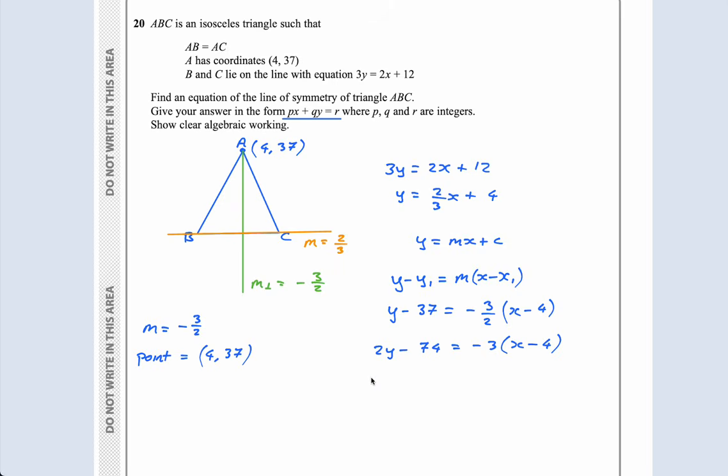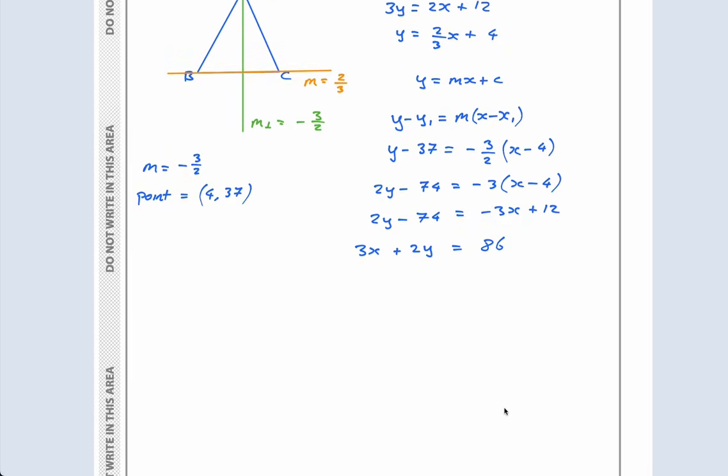I'm going to multiply out the bracket. 2y minus 74 equals minus 3x plus 12, and then he wants px, so I'm going to add 3x to this side. I'm going to keep this plus 2y here, and I'm going to say it equals 12 plus 74, because I'm going to add 74 to this side, giving me 86.